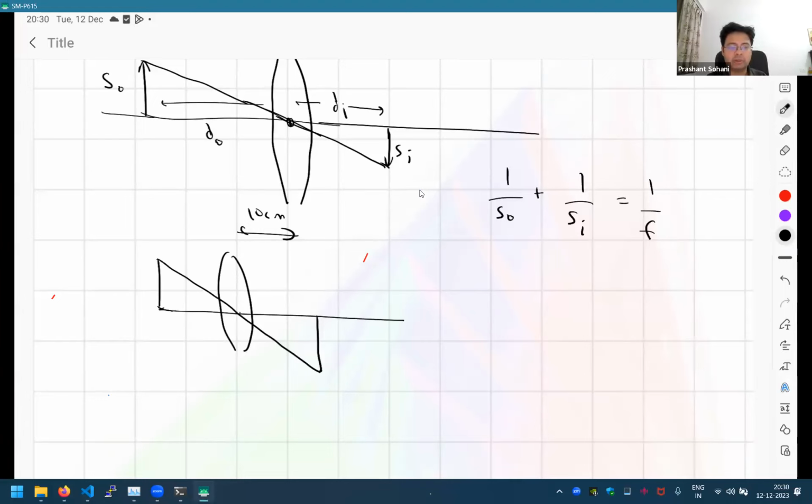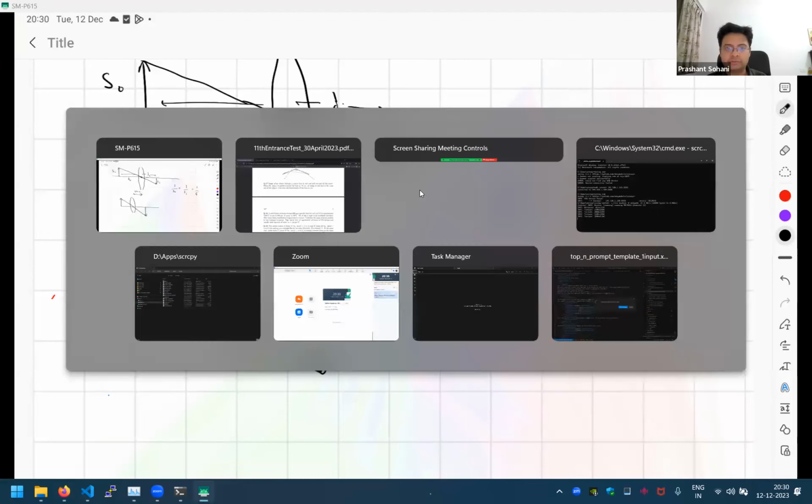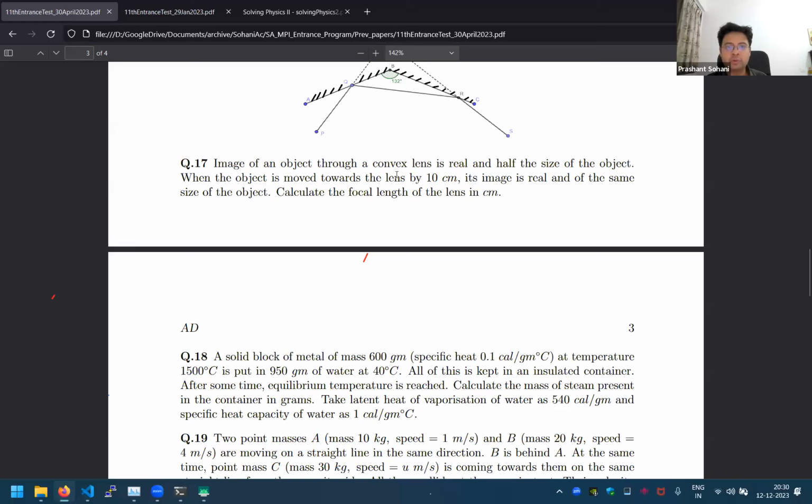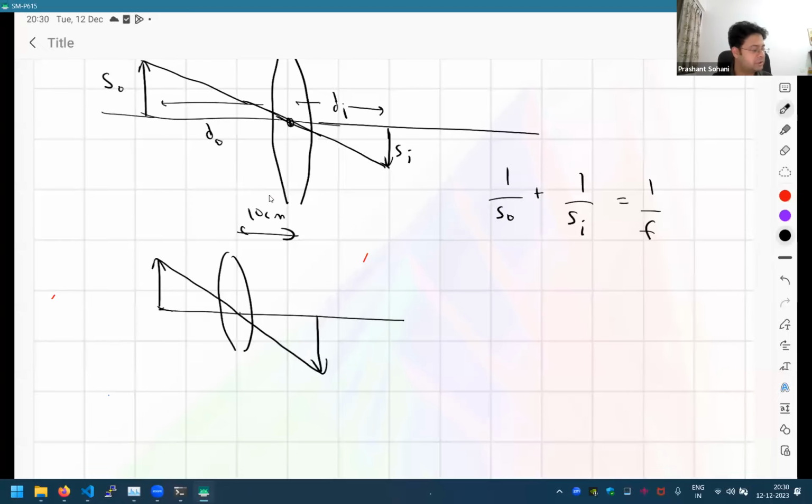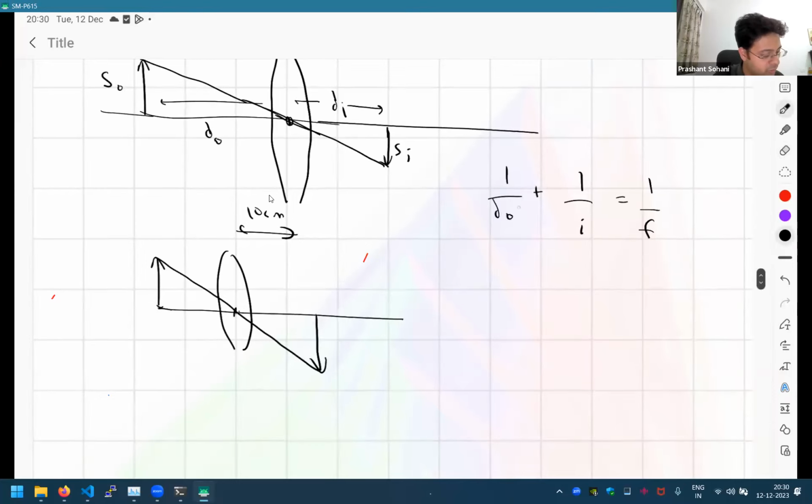Now the information they have given is that the image and the object are of the same size. When the object is moved towards the lens by 10 centimeters, its image is real and of the same size as the object. So if the size is the same, then the distance is also the same, right? By the way, I made a mistake here. I should not write SO and SI. I should write DO and DI only.